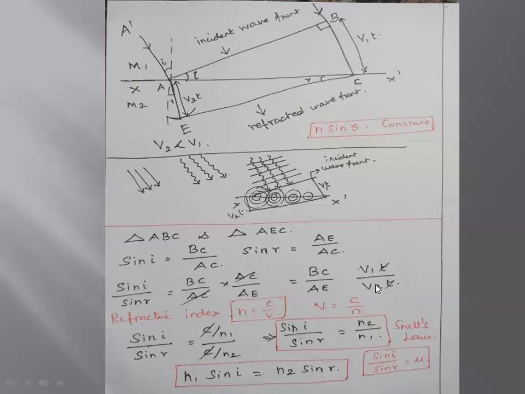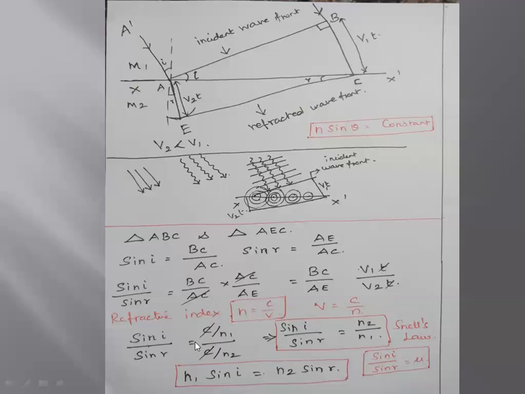We already know what refractive index is. Absolute refractive index is equal to the speed of light in vacuum divided by the speed of light in the medium. So if we want the v value, v will go there and n will come down. So v is equal to c by n. For v1, it is c by n1. For v2, it is c by n2. So we are substituting the values of v1 and v2 here.